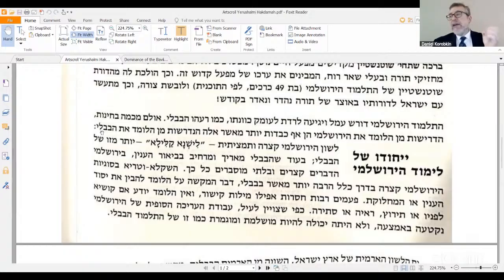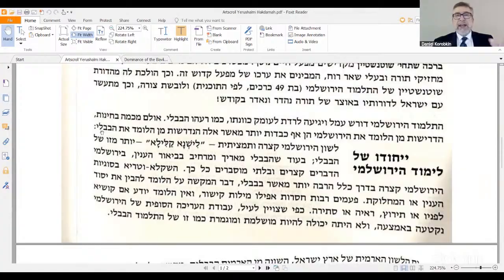Lashon HaYerushalmi ketzara v'tamtzitit. He says the language of the Yerushalmi is very terse and very tamtzitit. In other words, it's very derivative. Lishna kalila, it's a light language. Yoter mizu shel Bavli, more than the Bavli. The Bavli is more expansive in its language. Ba'od shehabavli marichu marchiv b'vir ha'inyan, b'Yerushalmi advarim kitzarim ubilti musbarim kolkach.